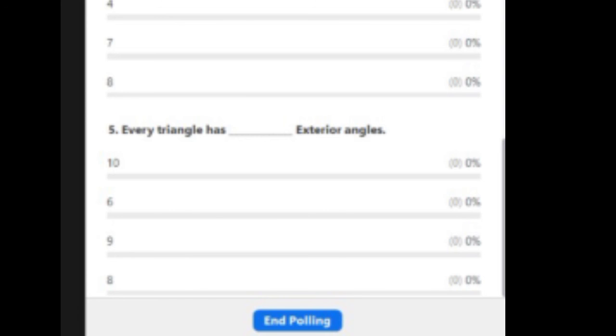Have you all submitted your answers? Only 47 participants have submitted their answers. Rest of the students, please submit your answer. Come on children, please submit your answer.